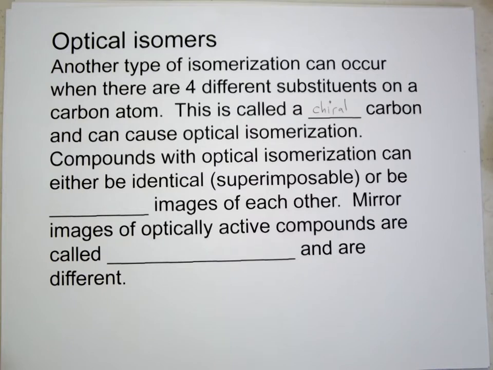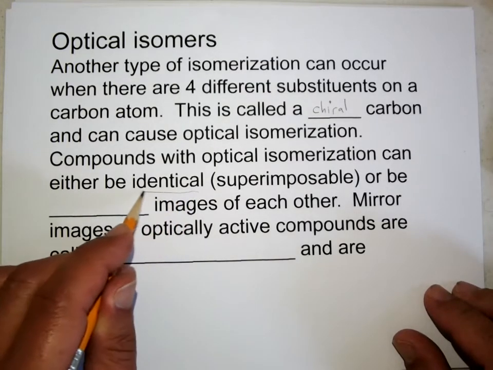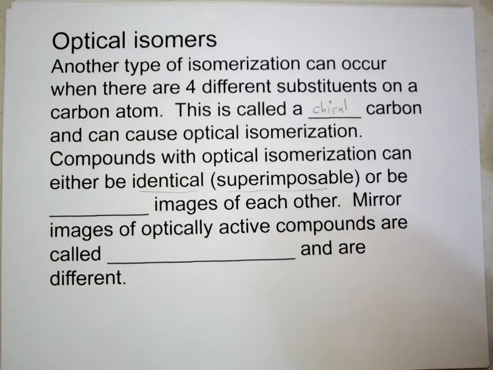If there's only one such carbon in a molecule, then it will be optically active and will be special because of this. If you have 2 compounds with the same formula that have chiral carbons, they're either going to be identical, and what people say there is they're superimposable, meaning if you place them on top of each other, they will be verifiably identical.